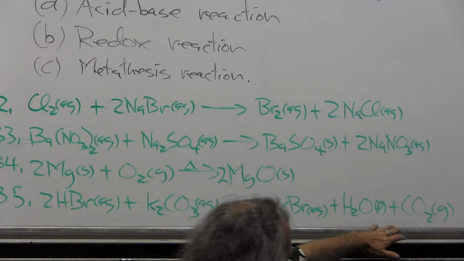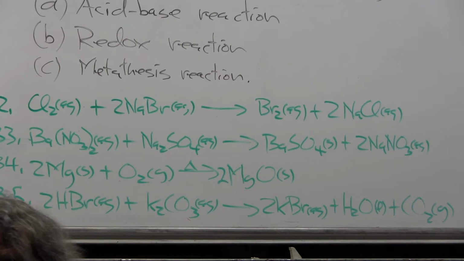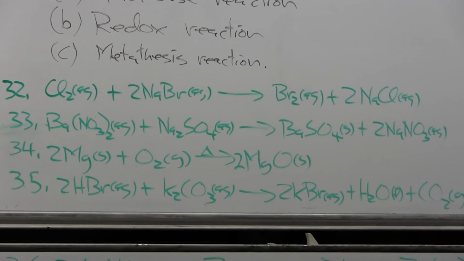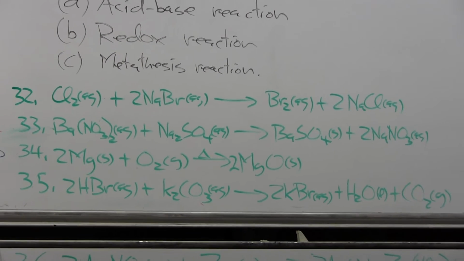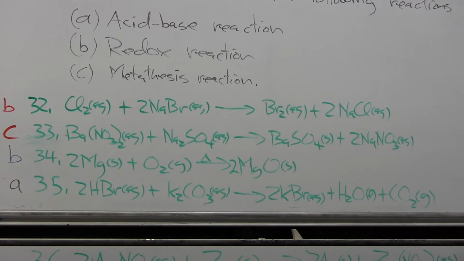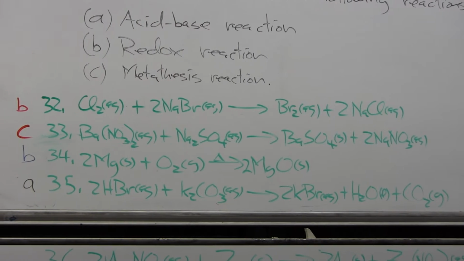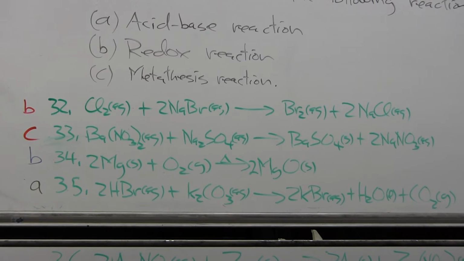That was what led me to know that it was going to be CO2 gas and water. That is a neutralization reaction. As clear as the nose on your face, and so that one is A, acid base. So you fill in that bubble and write a hard copy on the test. So do both of those.